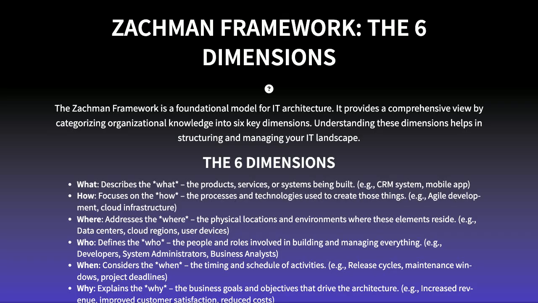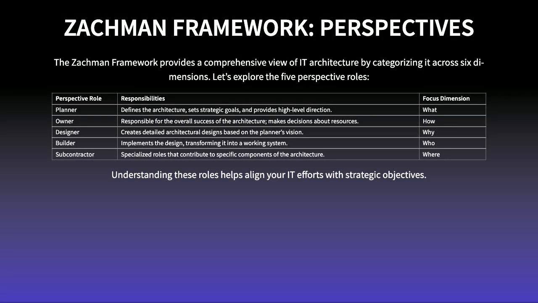Basically, it breaks down all the knowledge needed for effective architecture into 6 key dimensions: what you're building, like a CRM system or a mobile app; how you build it using processes and technologies like agile development or cloud infrastructure; where things exist, that could be data centers, cloud regions, or even user devices; who's involved: developers, admins, analysts, the whole team; when activities happen: release cycles, maintenance windows, project timelines; and finally, why, meaning what business goals are driving your architecture decisions, like increased revenue or improved customer satisfaction.